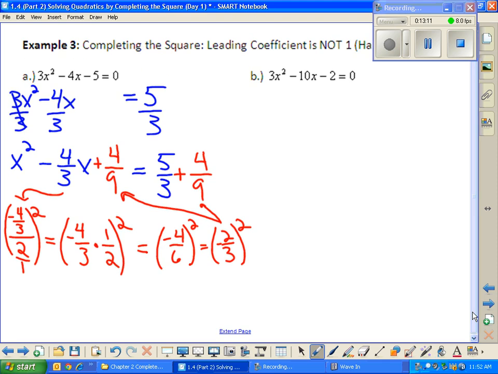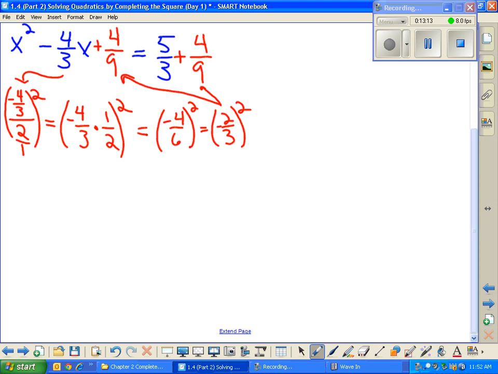So if I factor what's on the left, remember we use the square root method to kind of help us out with that because these are perfect square trinomials. We can always use this method. So you square root the first part and square root the last part. If you take the square root of x squared, that's just x. If you take the square root of 4/9, you square root the top and you square root the bottom.